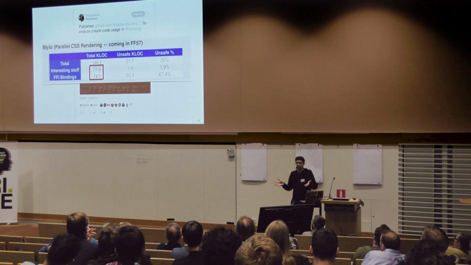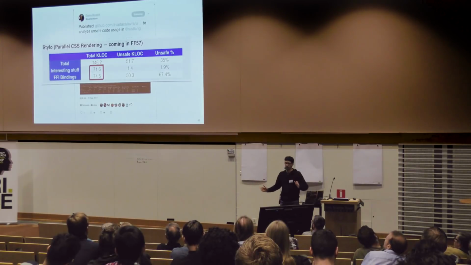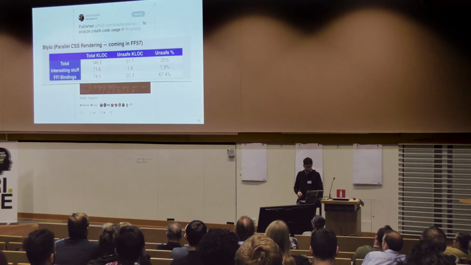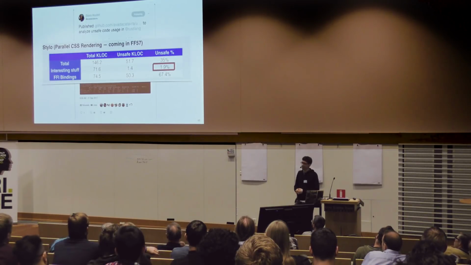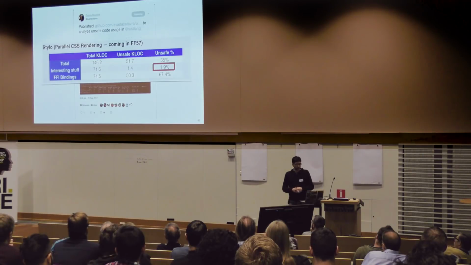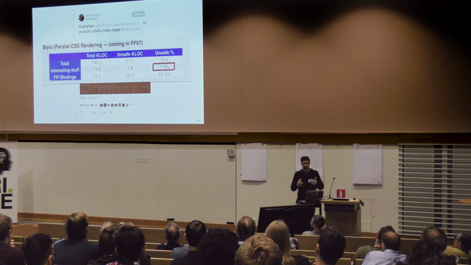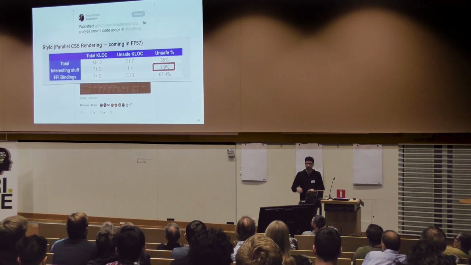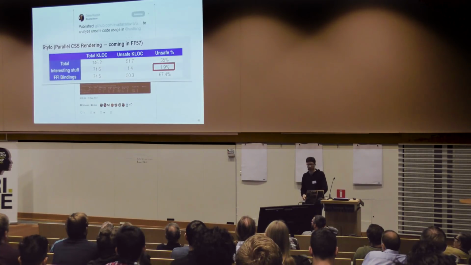But they're all unsafe, right? They're basically assertions telling the Rust compiler, here's the layout of this data structure that you're going to use. There's no way for us to know if it's correct or not. So if you look only at the interesting stuff, then you see it's 1.9%. They basically have a few parallel abstractions that they had to implement. And I thought that was a much better number, much more in line with what I expected.